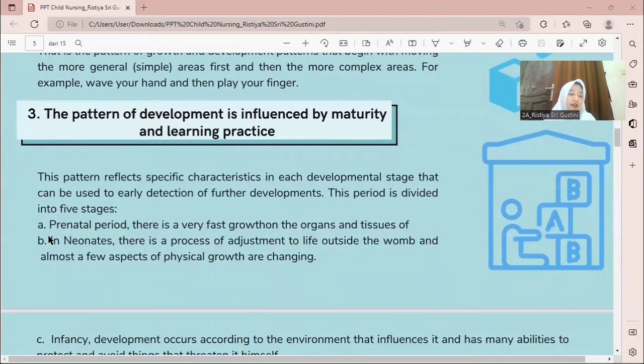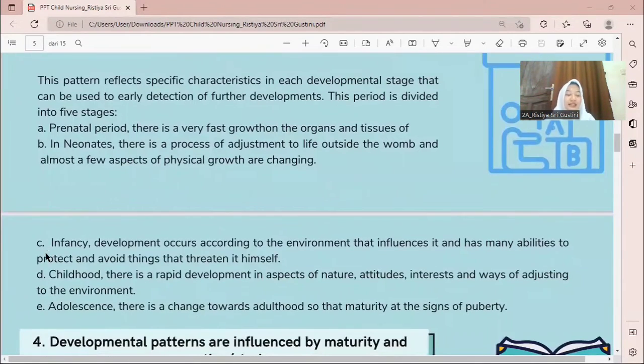First, A, prenatal period. There is a very fast growth in the organs and tissues. B, in neonates, there is a process of adjustment to life outside the womb and a few aspects of physical growth are changing. C, infancy. Development occurs according to the environment that influences it and the baby has many abilities to protect and avoid things that threaten himself.